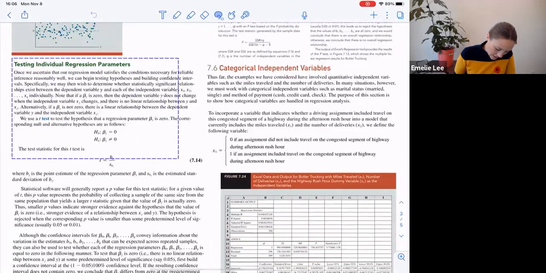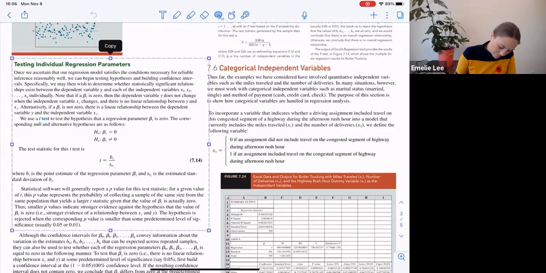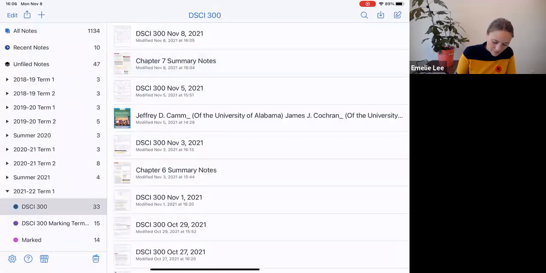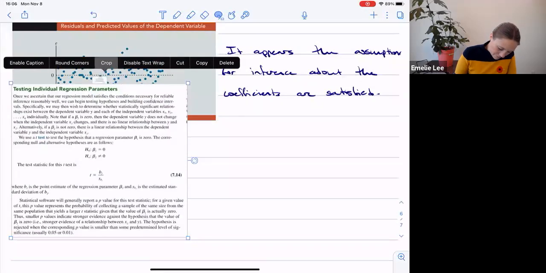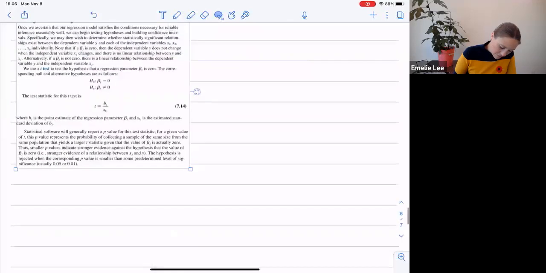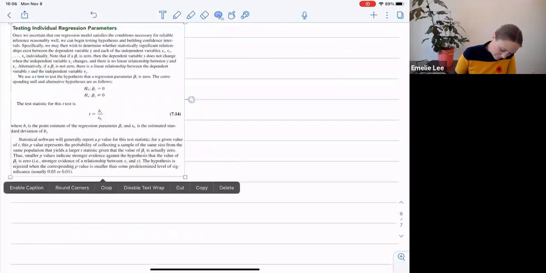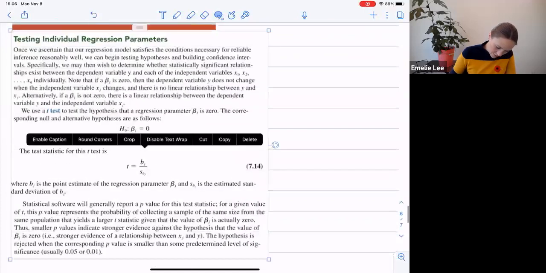So what we're going to look at, let's go here. I want to spread it out a little bit there.